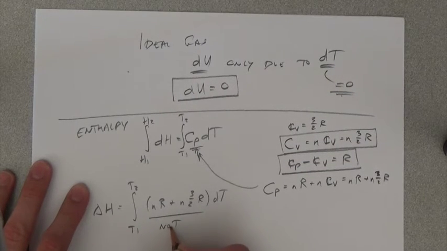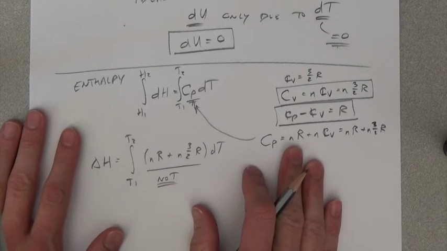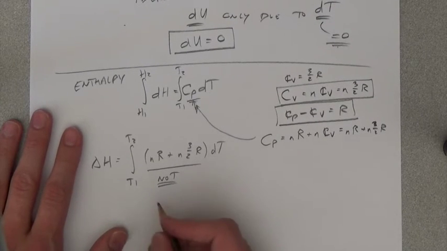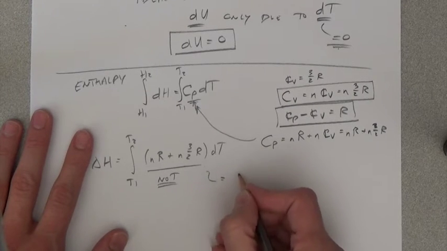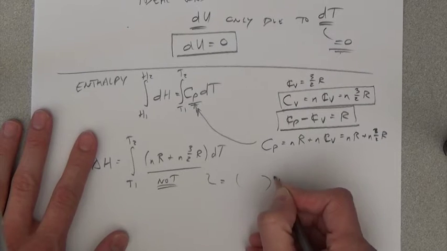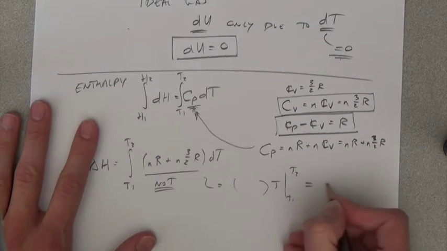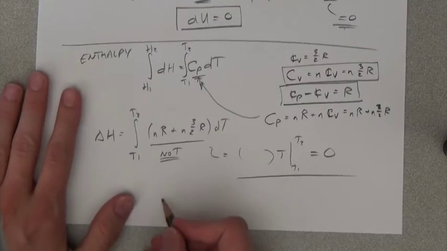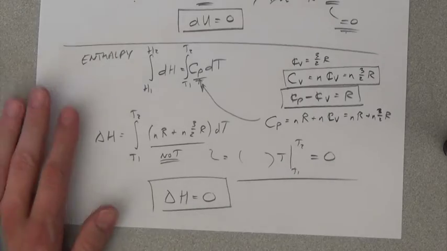There's no T in there, which means that this is equal to constant times T evaluated T1, T2, which is equal to 0. So delta H is equal to 0.